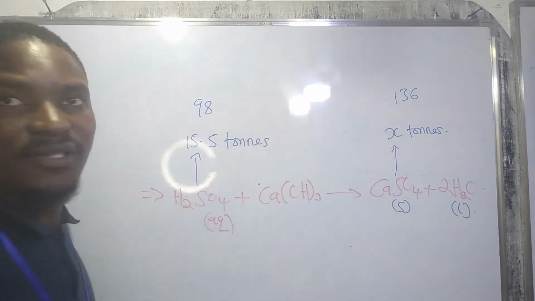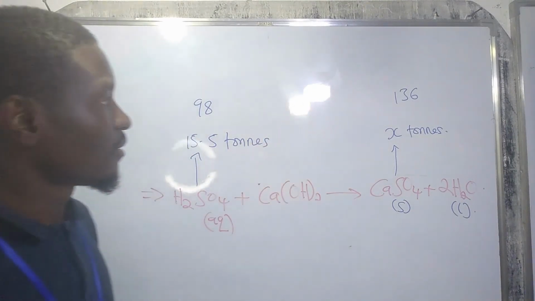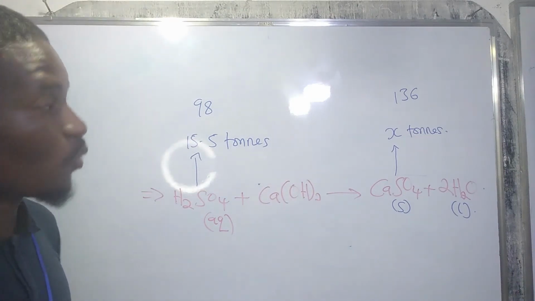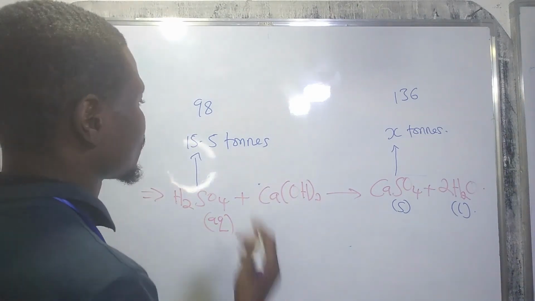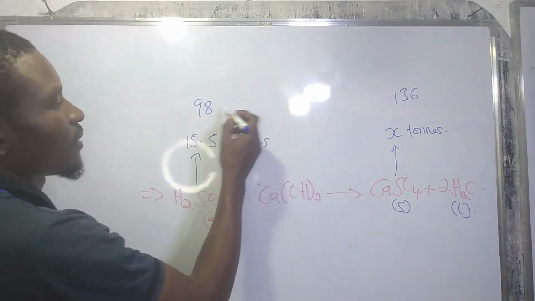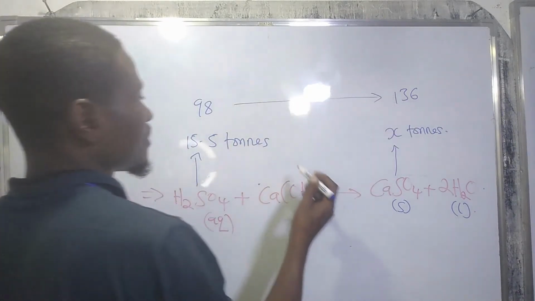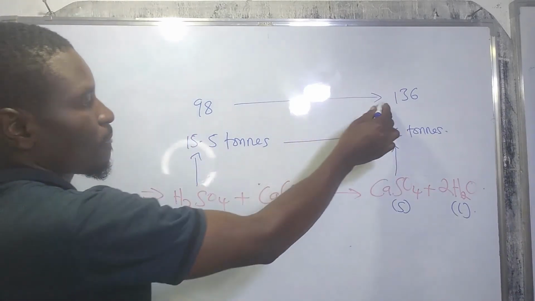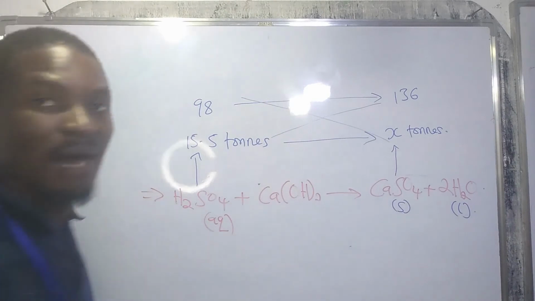After you get that, you can now come up with this mathematical way of writing it. 98 equals to 136, and 15.5 equals to x. So what you do is you cross multiply.